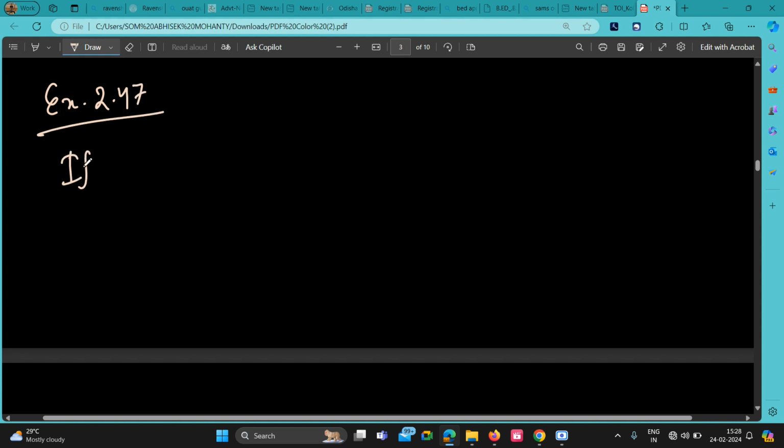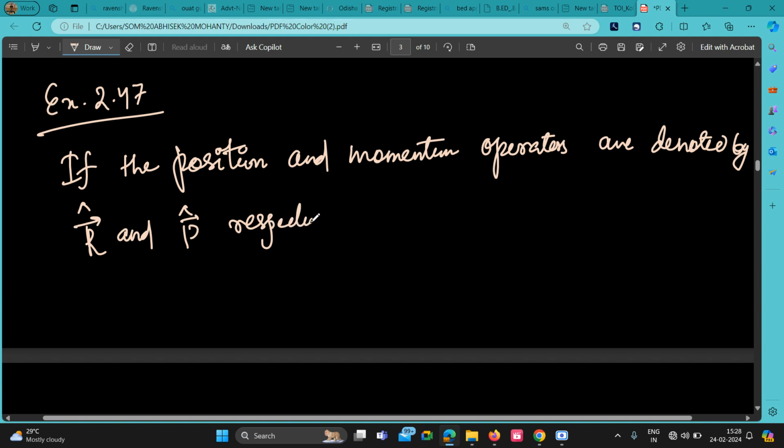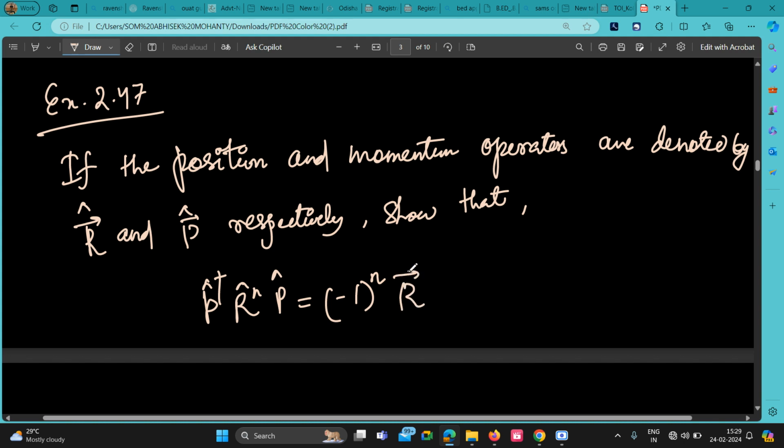If the position and momentum operators are denoted by R and P respectively, show that P dagger R to the power n P is equal to minus 1 to the power n R to the power n.